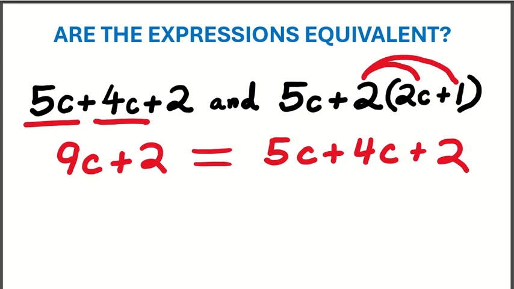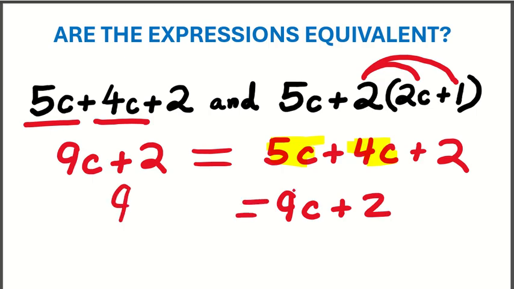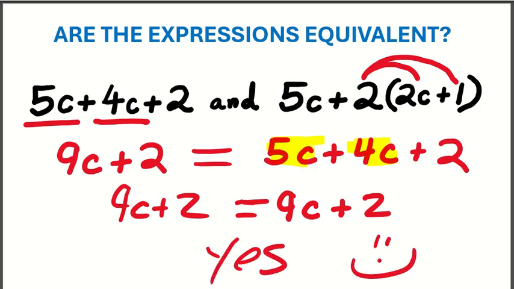Now, they're not quite looking equivalent yet, but I can actually combine 5c to 4c. And if I combine 5c to 4c, I end up with 9c. And then I can just drop down that plus 2 and, well, look at that. 9c plus 2 is, in fact, equal to 9c plus 2. So, yes, they are equivalent.